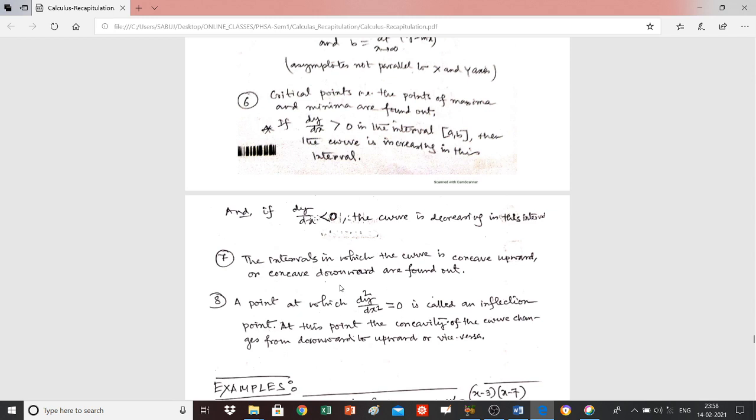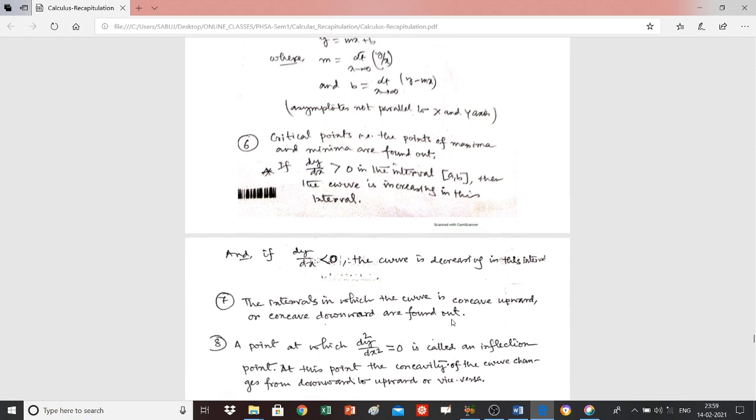So if you find the value of d2y by dx square, and for a certain value of x it is 0, that point is said to be the point of inflection. At this point the concavity of the curve changes from downward to upward or upward to downward, that is, it is inverted.